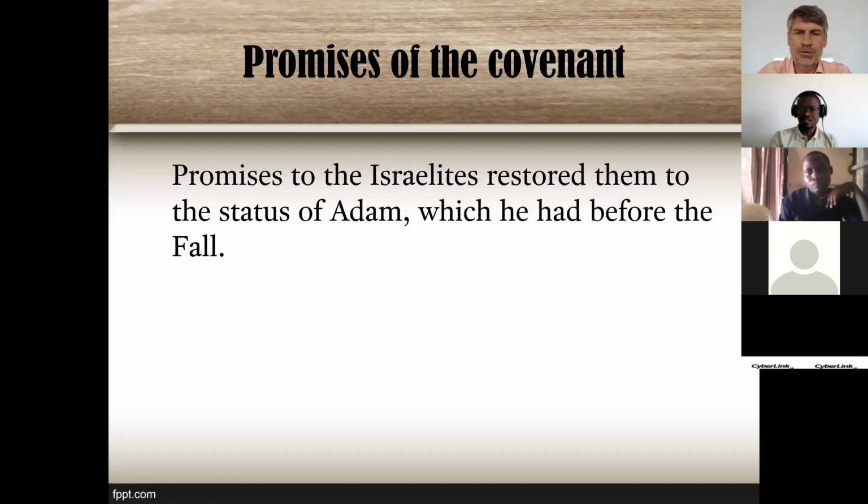Yeah, so in order to understand this, we need to go to the syntax of this verse. You will see that the syntax is also very, very interesting.